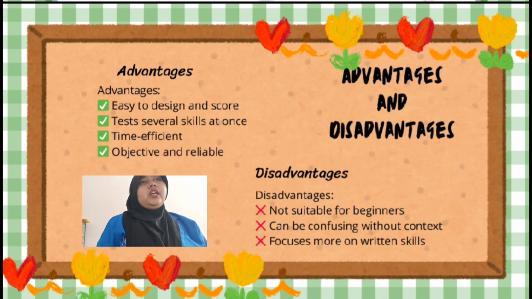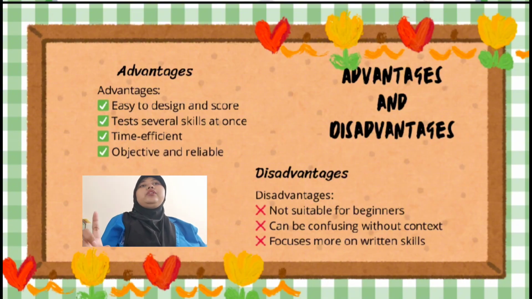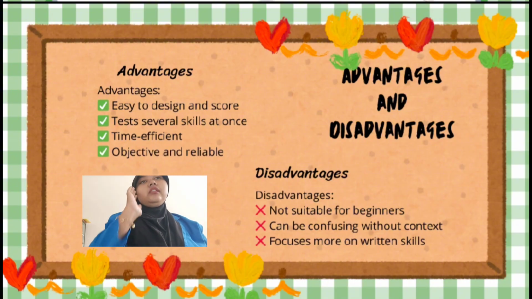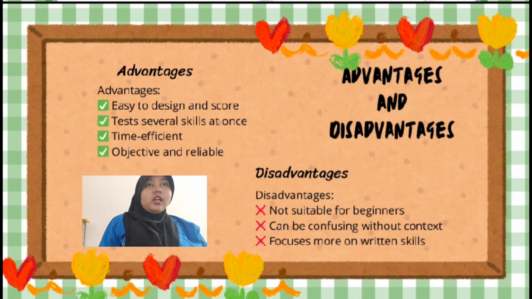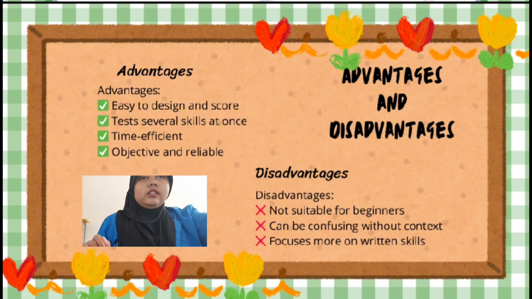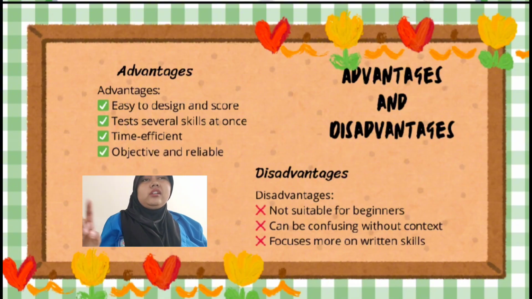Alright everyone, in slide 5, I will explain the steps to create a C-test. Choose a short, meaningful text of about 80 to 100 words.